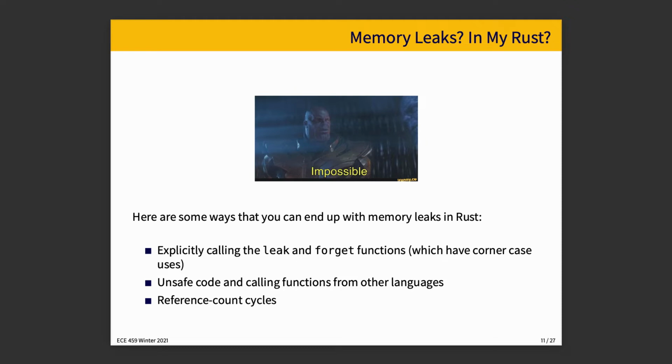You can tell Rust, forget about this, not our problem anymore. If the C part, however, forgets to deallocate it, then you end up with a memory leak. So forget is not necessarily the recommended way to do very many things, but there are valid use cases for it, and if something goes wrong, we end up with a memory leak.